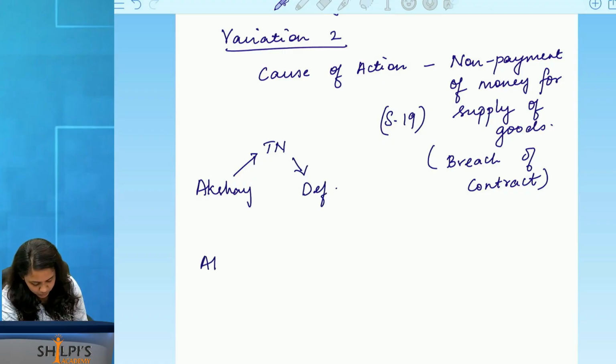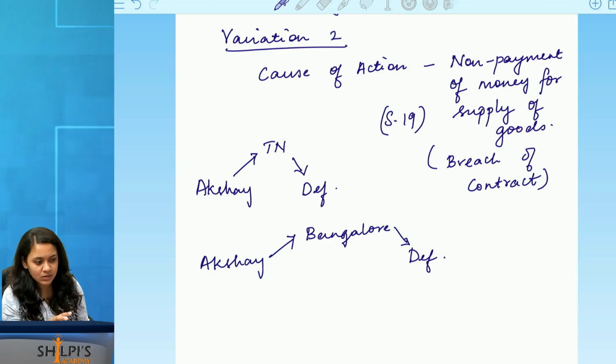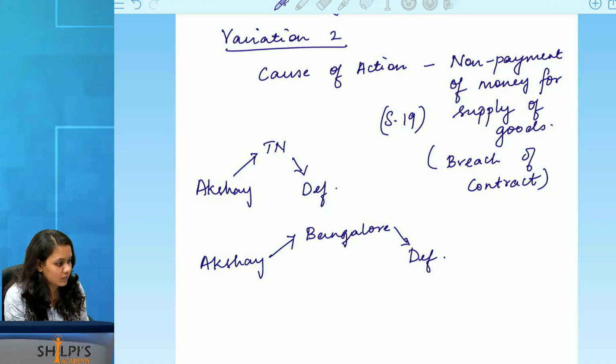Akshay also approaches the court in, say, Bangalore against the defendant. Now, as to the why, we will study when we are looking at jurisdiction. But he has instituted two separate plaints, that is, in two different courts of law against the same defendant. Okay? Can he do this?